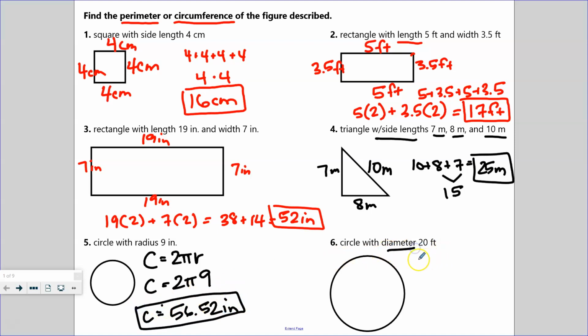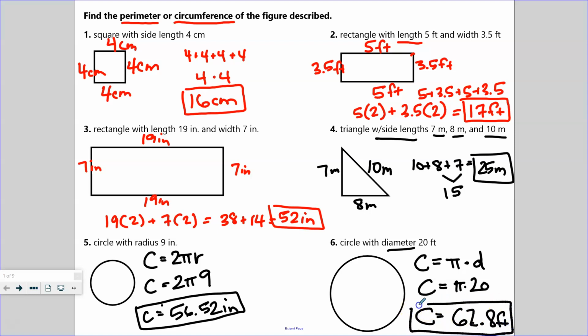Right, so we have the diameter formula, so we say circumference equals pi times the diameter, and that's pi times 20, so 3.14 times 20, and we get circumference equals 62 and 8/10. Don't forget those units, feet.